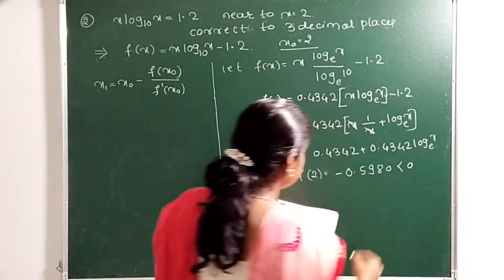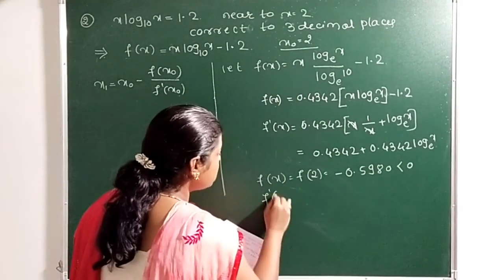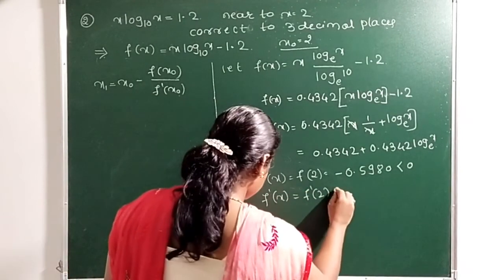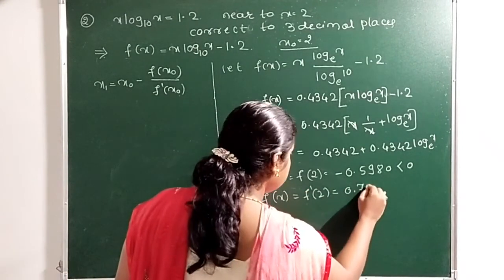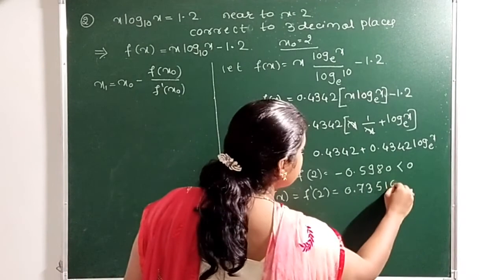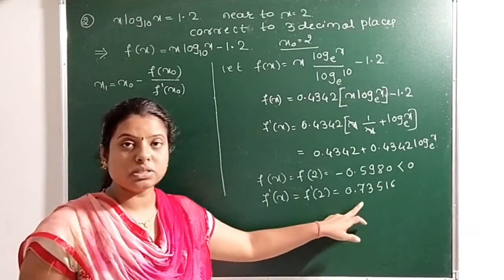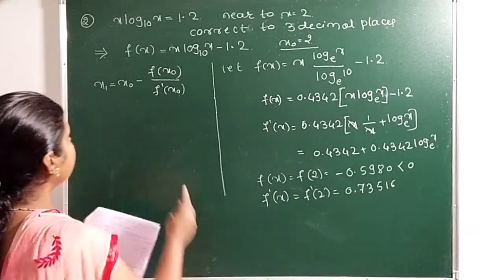That is less than 0. f dash of x, f dash of 2 is equal to 0.73516. This we have to use the calci, and you have to write the values.